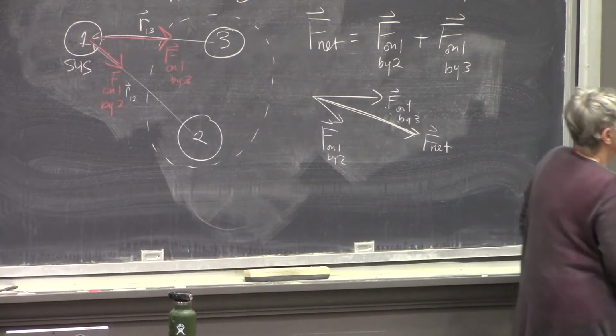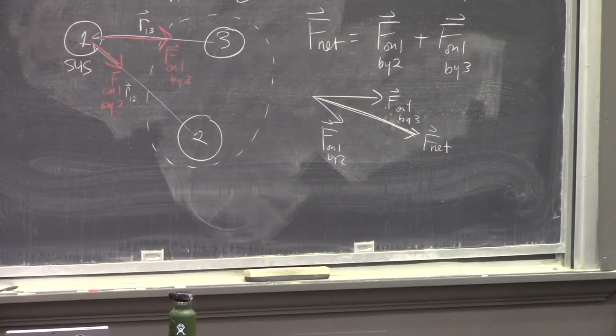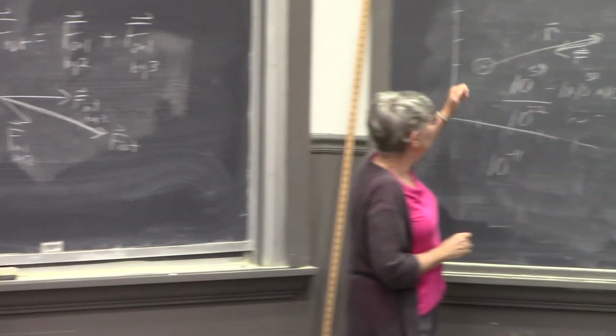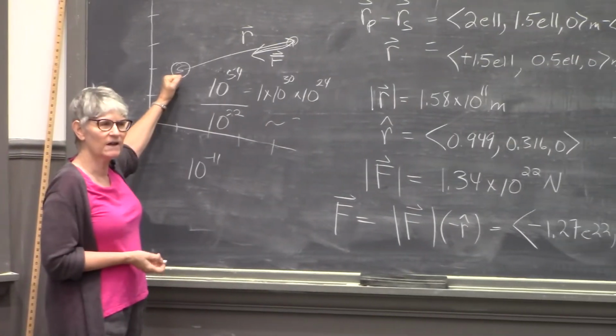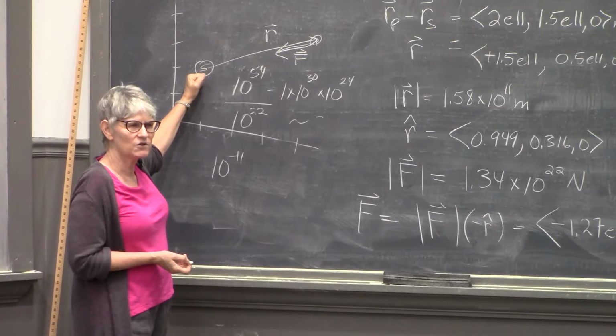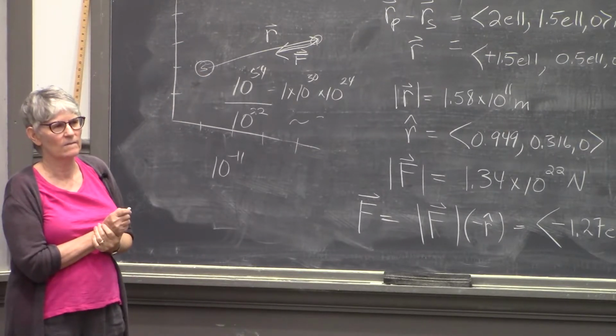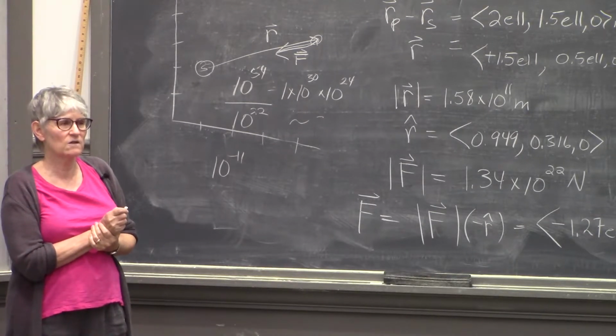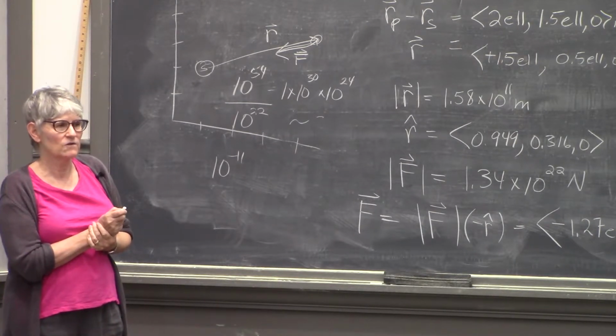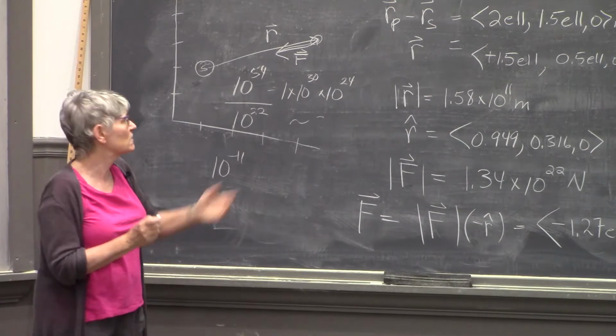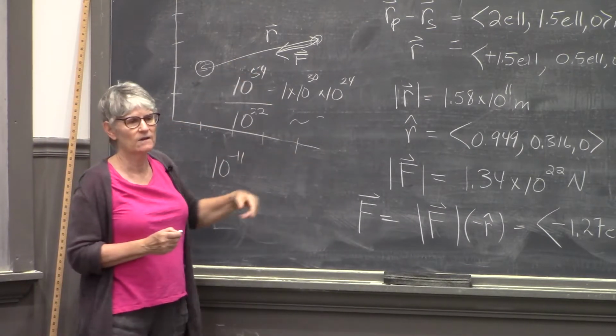So suppose we were calculating the force on the star due to the planet, what would change? It's just the direction, isn't it? Yeah, it's just the direction. All that happens is the direction of r hat flips.